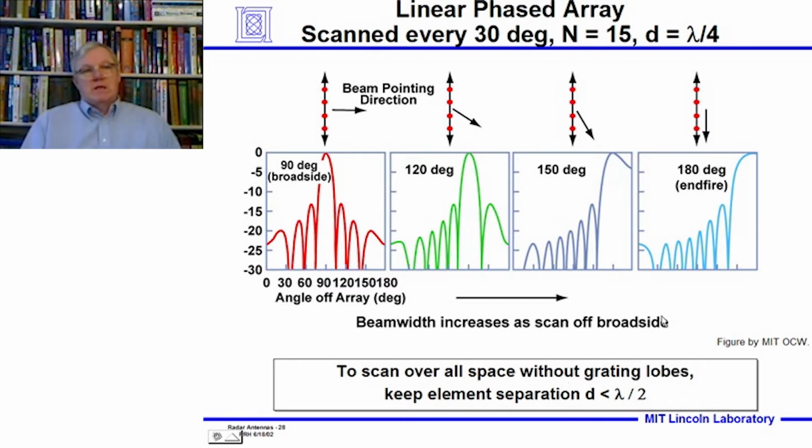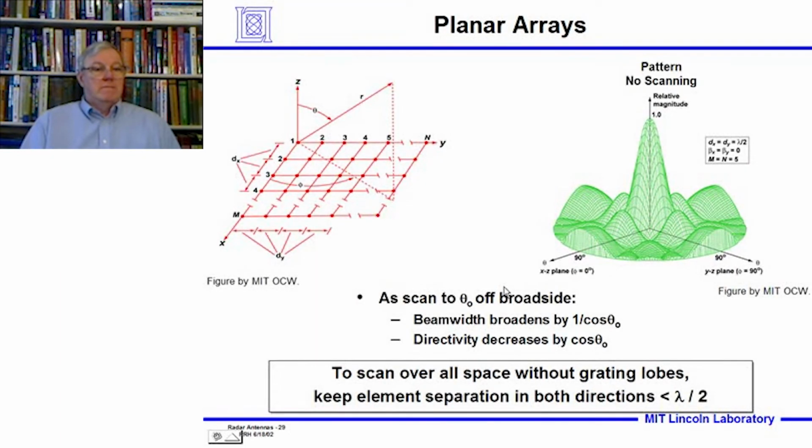Now, this broadening is an important factor, and you lose resolution. So a lot of the time, people don't want to scan more than 45 degrees because they don't want to lose angular resolution. And that'll allow you to go like 0.7 lambda, not lambda over 2, but 0.7 lambda for your spacing. Okay?